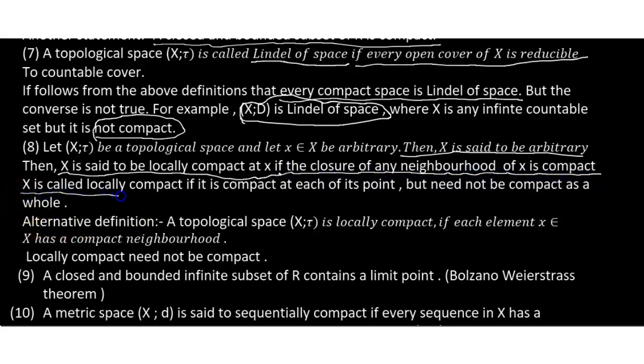X is called locally compact if it is compact at each of its points, but need not be compact as a whole.